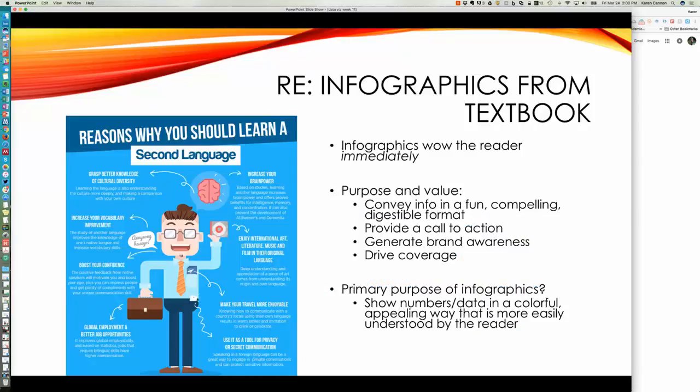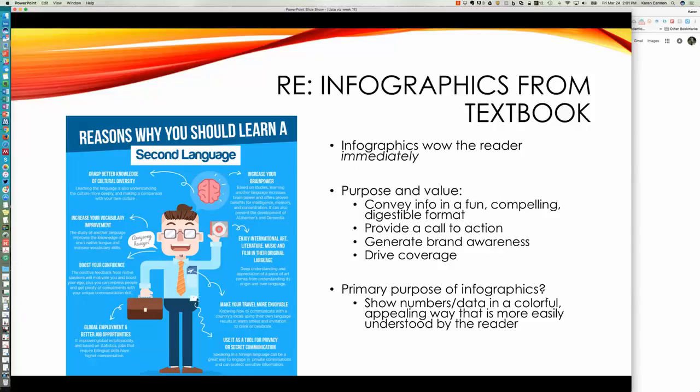So a little bit more about information from the textbook that I want to draw your attention back to. The beauty of an infographic is that it can really convey things quickly. The book talks about wowing the reader immediately, and certainly well-designed infographics can do that.